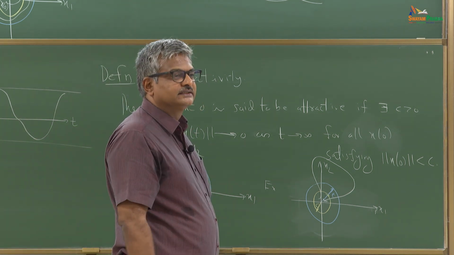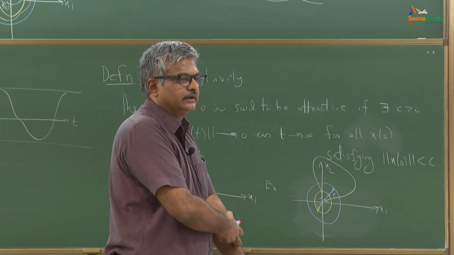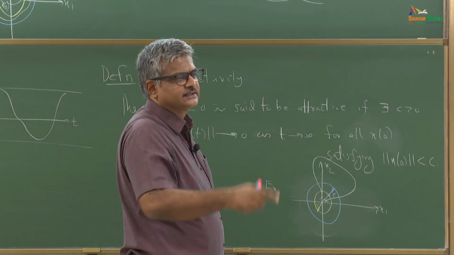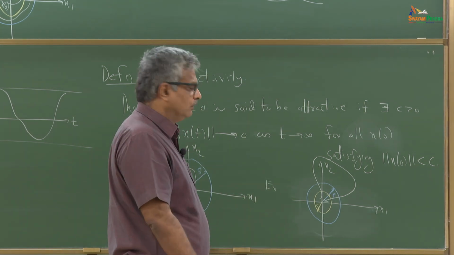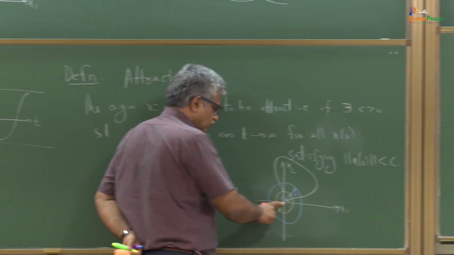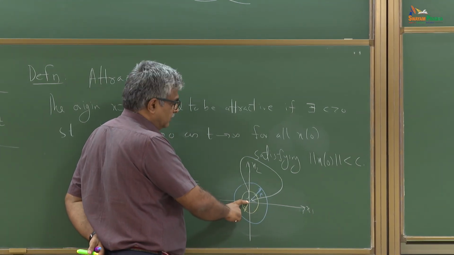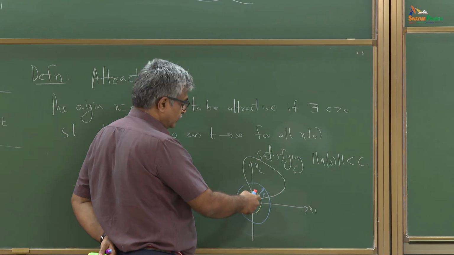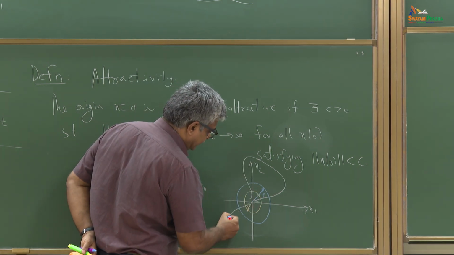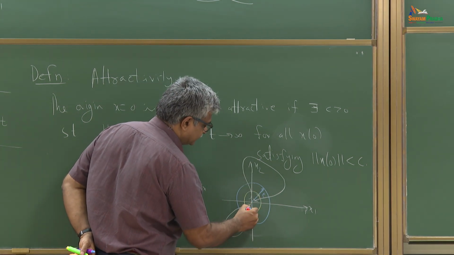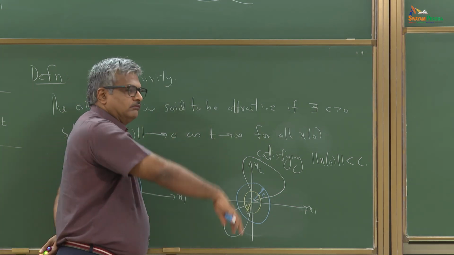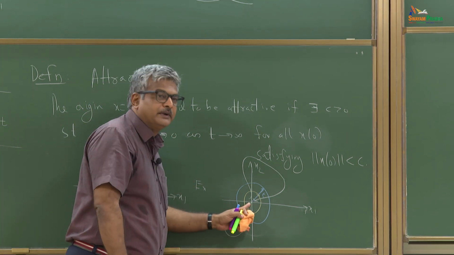You could have a system like that. In fact, in my lecture notes, there's an example by the name of the Vinograd system. In that system, there's an origin, and if you perturb it, it makes a sort of figure 8. So if you perturb it here, it goes something like this and comes back, so it will eventually come here.